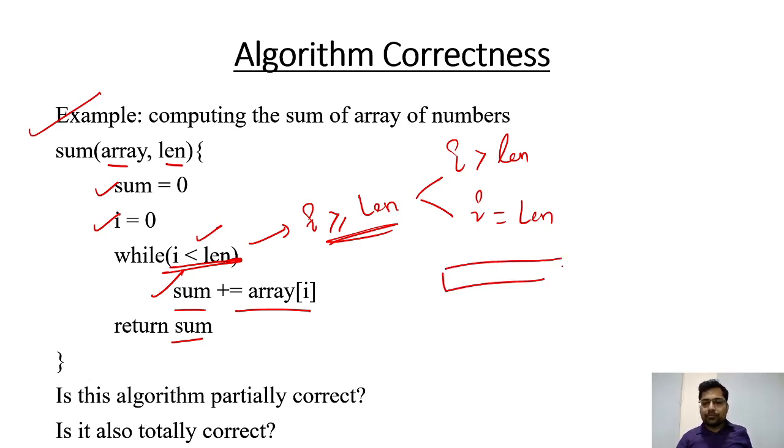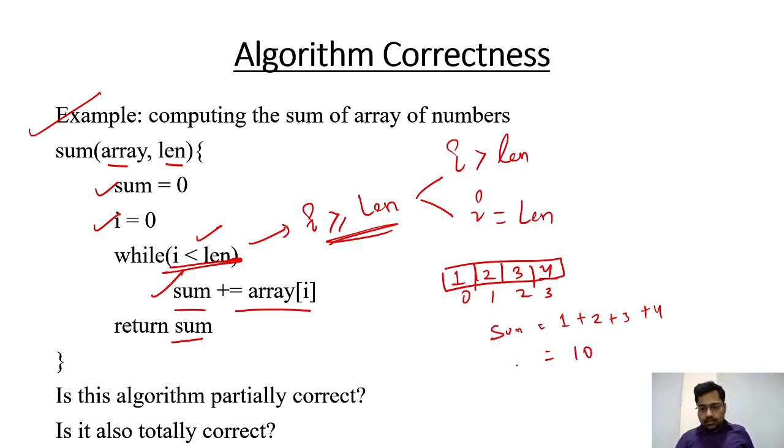Suppose there are 4 indices: 0, 1, 2, 3. In those indexes, the other values are 1, 2, 3, so the sum would be 1 plus 2 plus 3 plus 4.